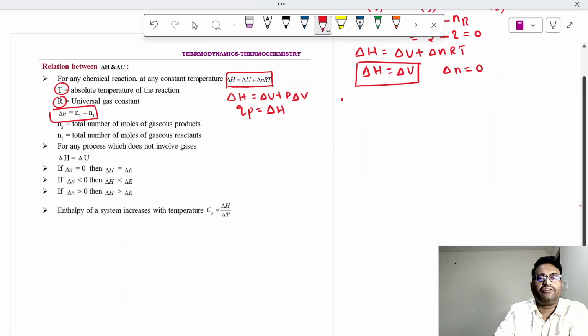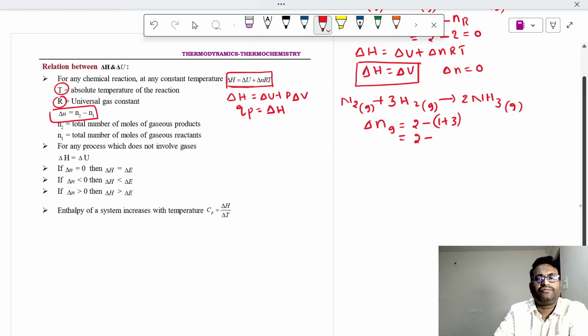Let us go with another equation. N2 gaseous state plus 3H2 in gaseous state gives rise to 2NH3 in gaseous state. What will be delta n? It is equal to 2 minus 1 plus 3, that is equal to 2 minus 4, is equal to minus 2.